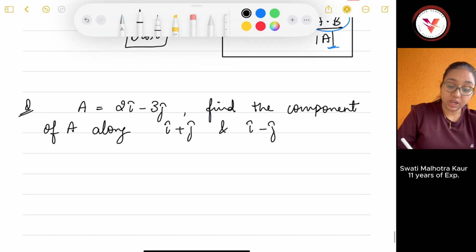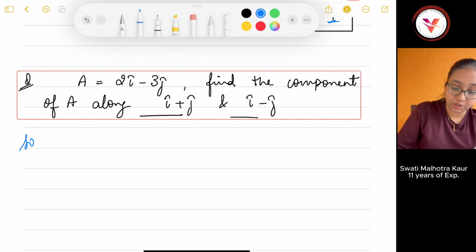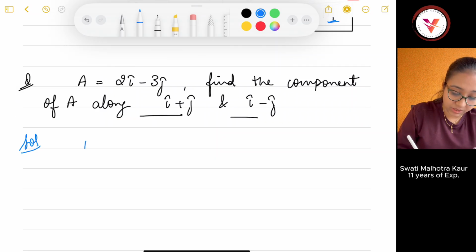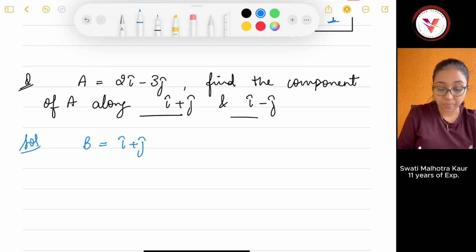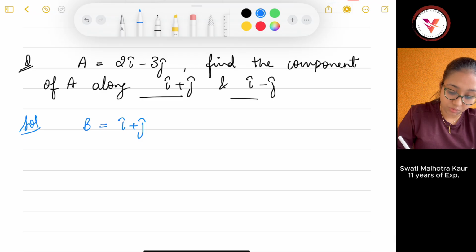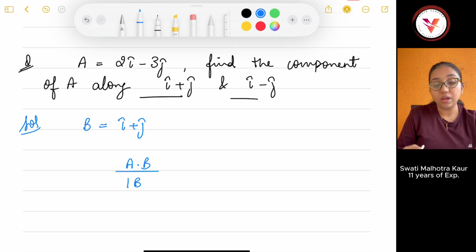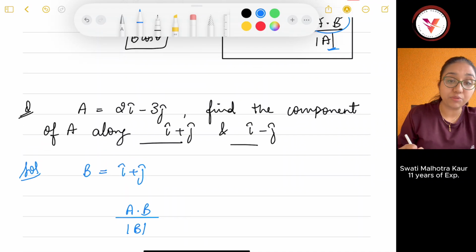So they are asking along these, so you have to take the magnitude of these in the denominator. First, let's say this is B, i plus j. To get the component of A along i plus j, you have to get A dot B over the magnitude of B. Whatever the vector it is on which you want to get the component, you have to take its magnitude.